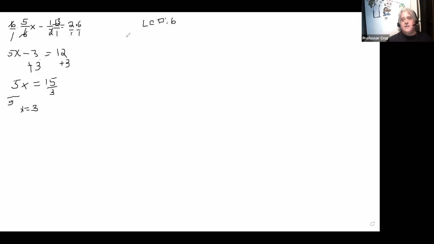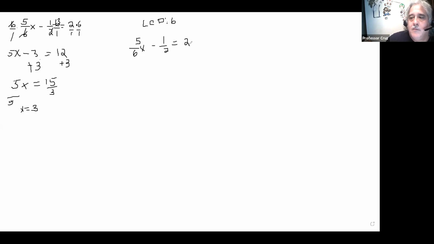Now, like I said, you don't have to eliminate the fractions. You could just work with 5/6 x and manipulate it. You don't have to do that. It's just that I like no fractions. Let me go back to the original. It's 5/6 x minus 1/2 is equal to 2.